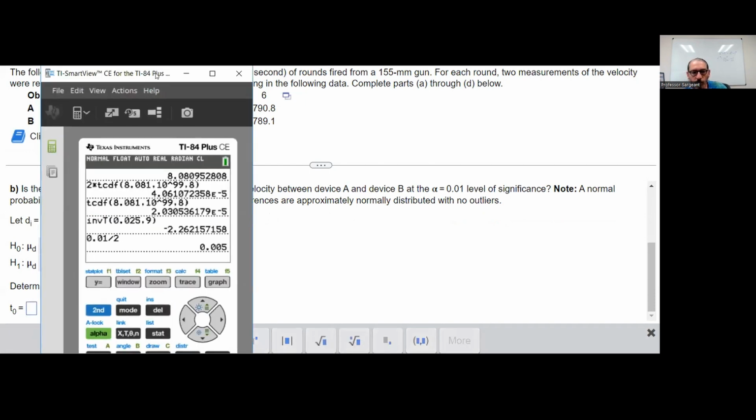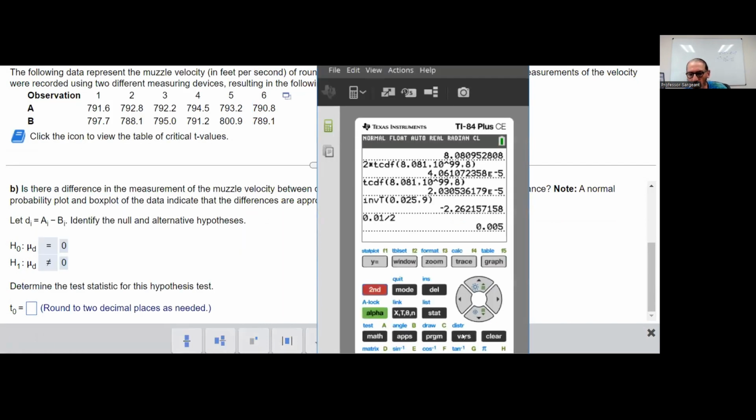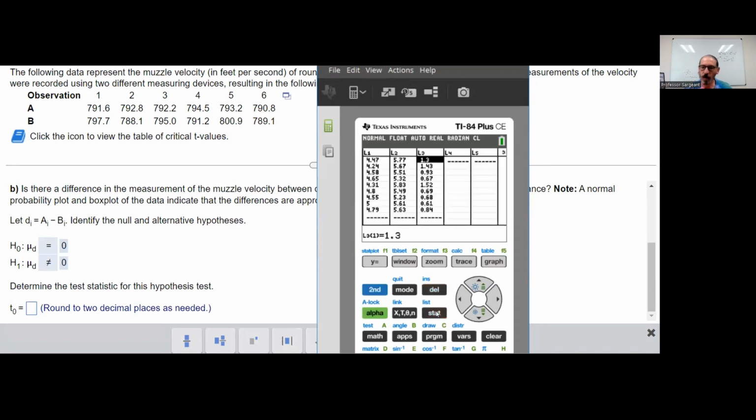And so what I'm going to do is put into list 1. So let's see. Stat. Edit. Clear out. Not deleting these columns, but clearing them out. 791.6. 792.8. 792.2. 794.5, 793.2, and 790.8.